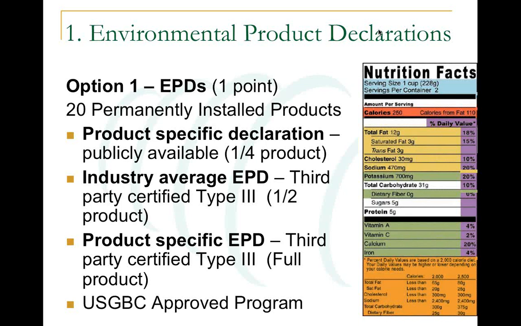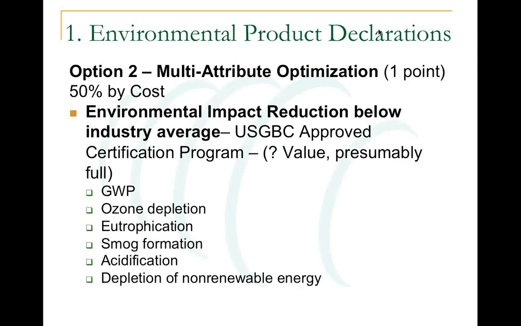There's another option, option 2. You'll see that this is a trend for each one of these credits. They'll also give a point for optimization. That means doing better than what you have declared, compared to the industry average.